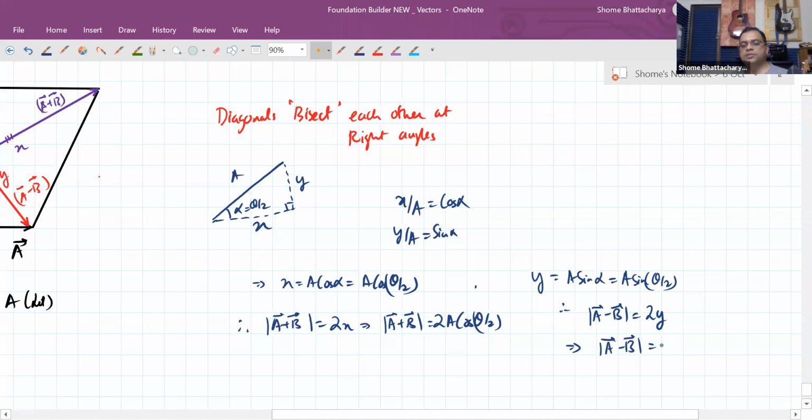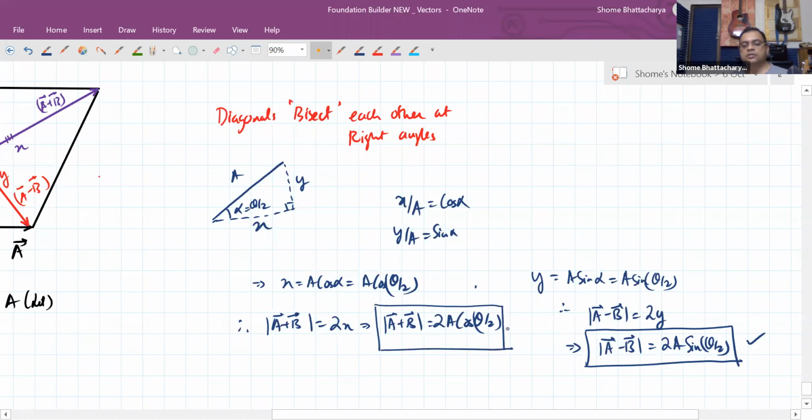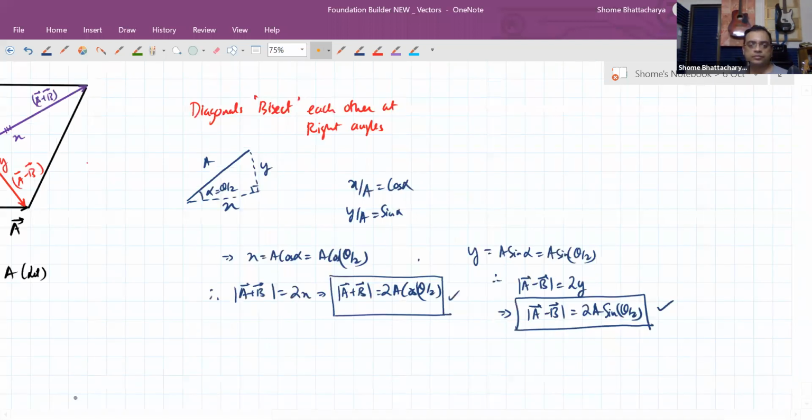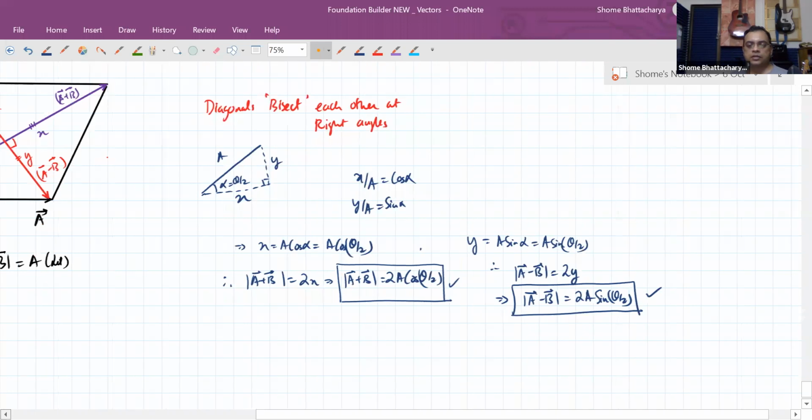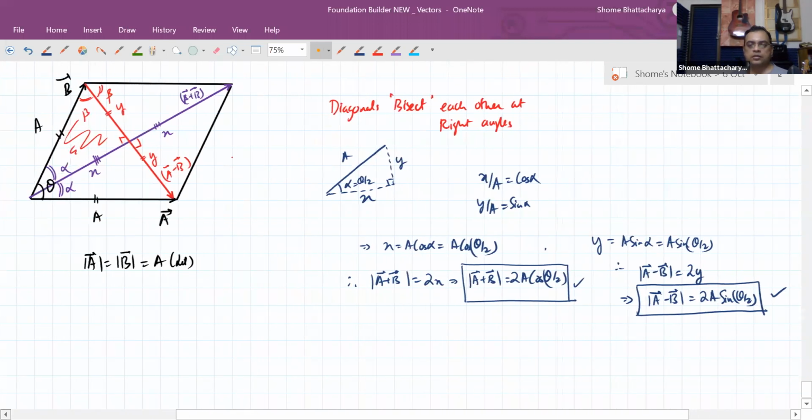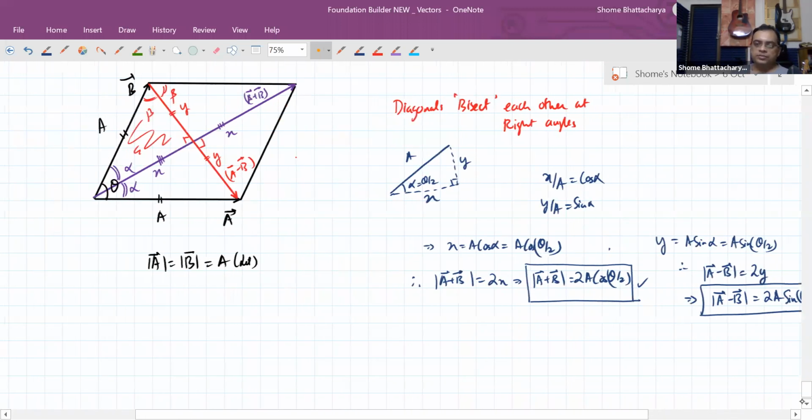So a minus b is 2a sin theta by 2. So this formula and this formula are like additional shortcut tricks for solving problems. Okay, so just make a note of this, people.